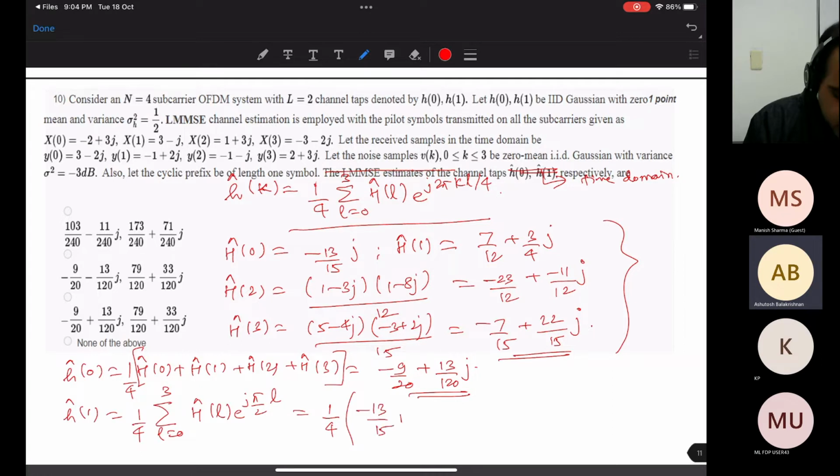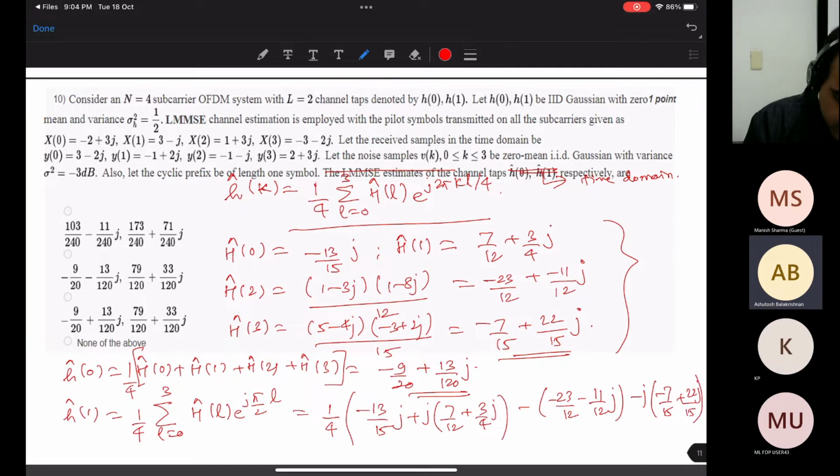minus 13 by 15j plus j times 7 by 12 plus 3 by 4j minus 23 by 12 minus 11 by 12j minus j times minus 7 by 15 plus 22 by 15j.